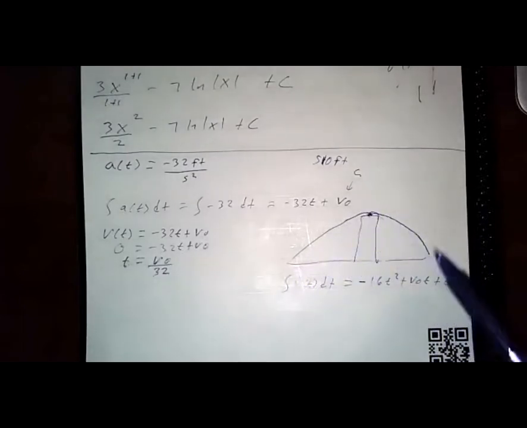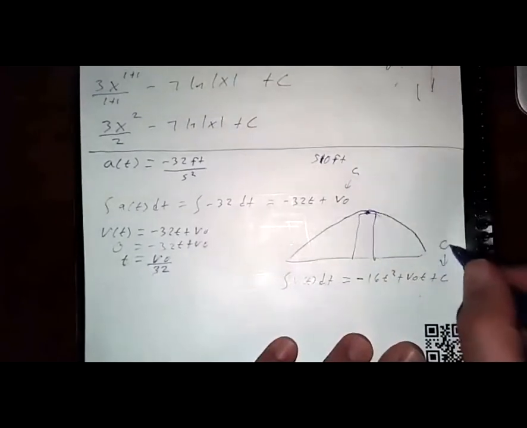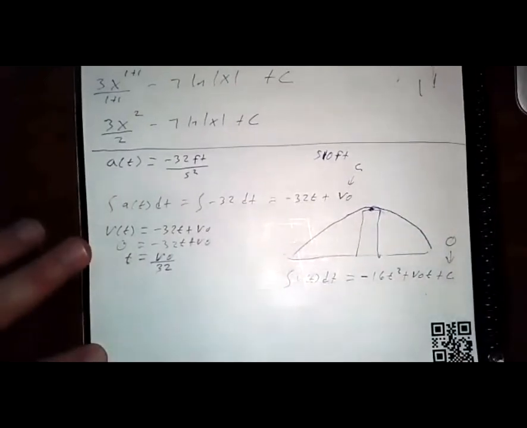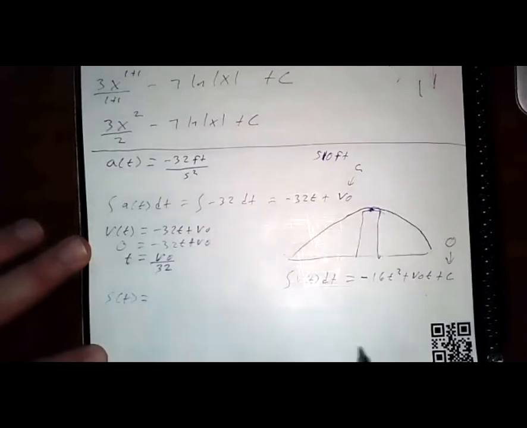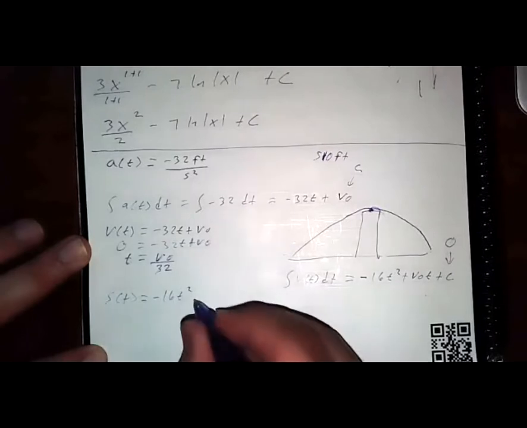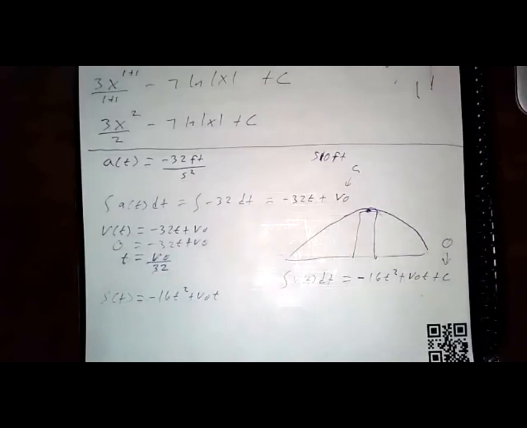Okay, so they told me right off the bat that this is 0 because I am on the ground. So now I don't have to worry about it: s of t is equal to negative 16t squared plus v naught t, right?